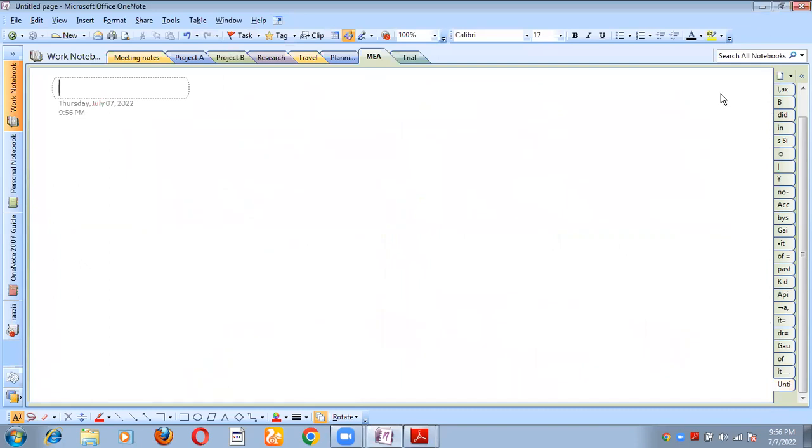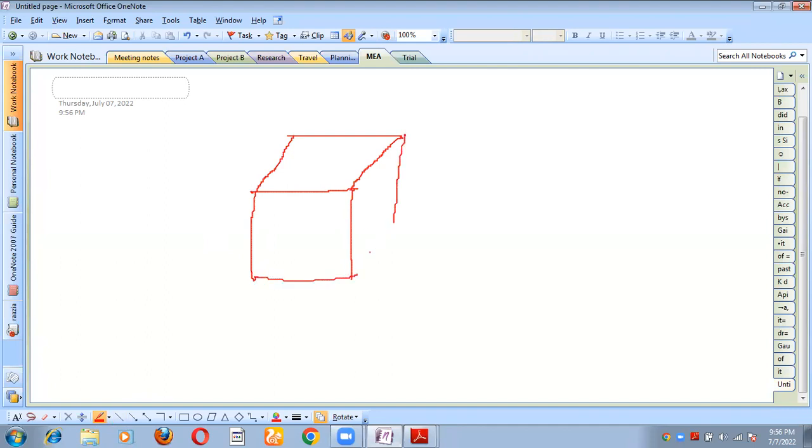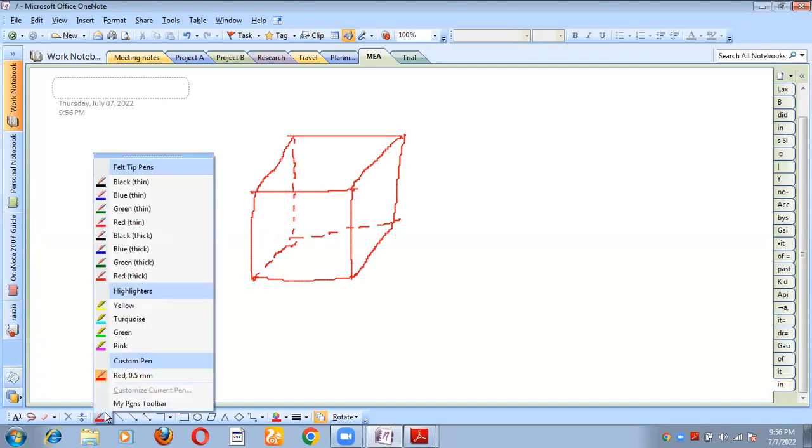According to the question, we have a cube. Let us first draw a cube. There is a charge at the corner.